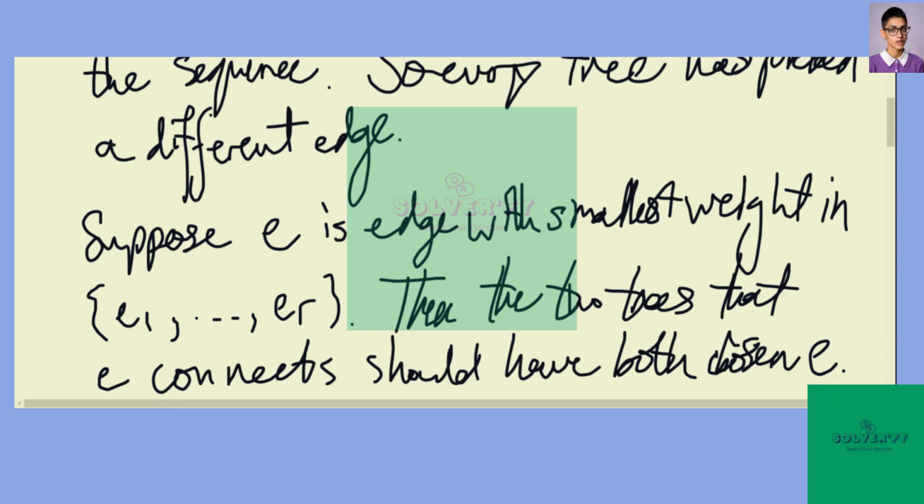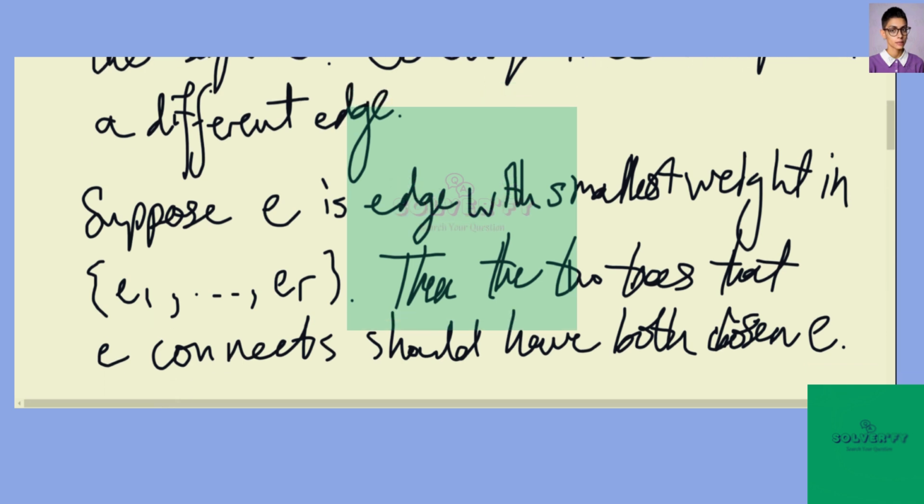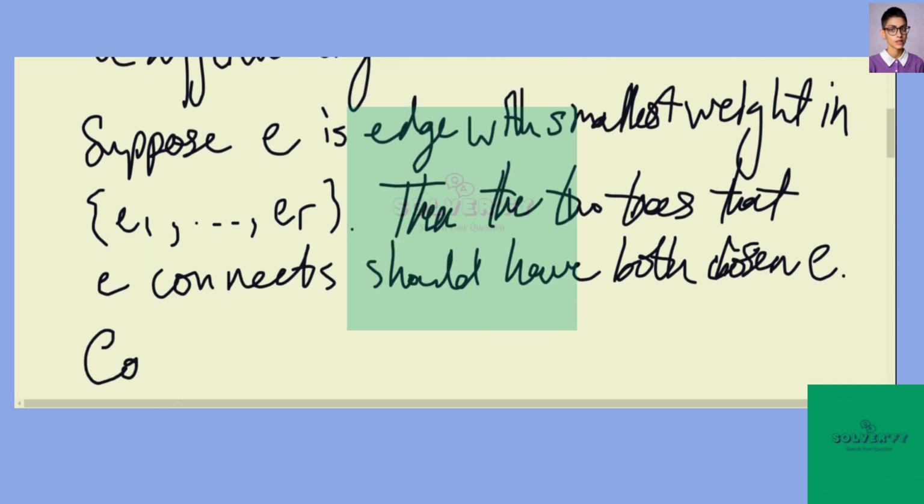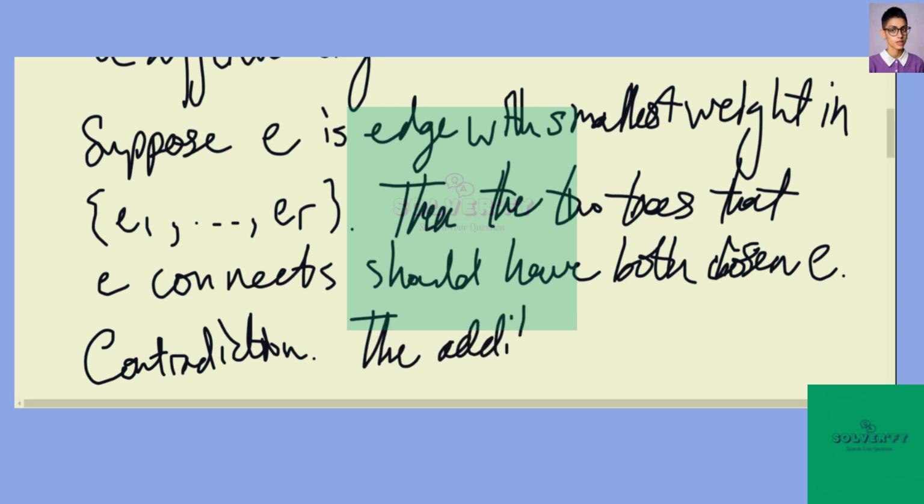This is because, as part of the algorithm, we're supposed to pick the edge with the smallest weight, and therefore we obtain a contradiction, because as we said before, every tree picked a different edge.